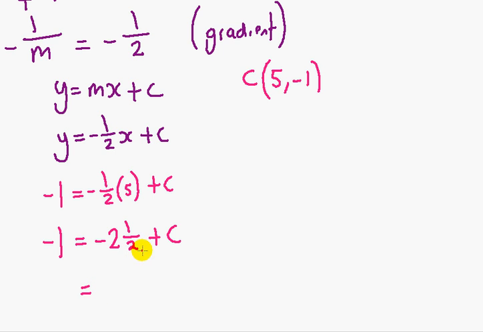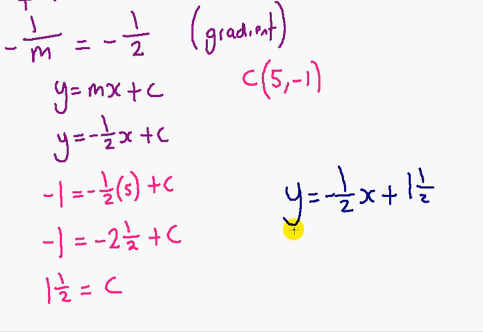Now we need to add 2.5 to both sides, so that gives us positive 1.5 equals c. So finally, for the final answer, the equation for the perpendicular line is y equals minus a half x plus 1.5. And that is the final answer.